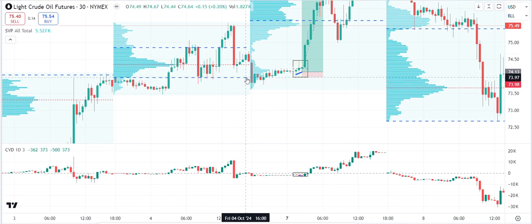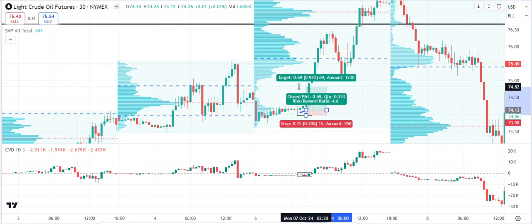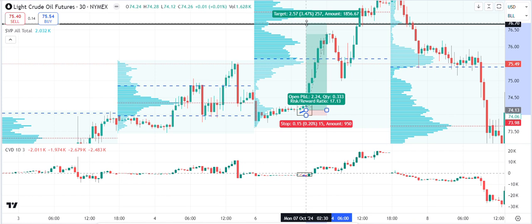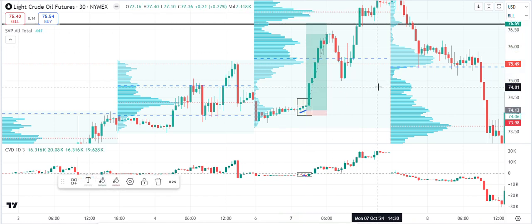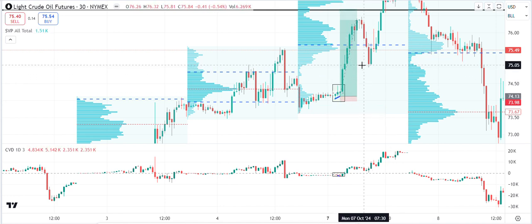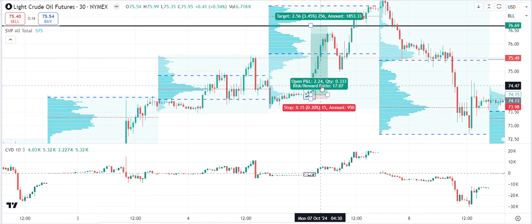Because I'd be entering off value area low previous day, targeting value area high, 1 to 5 risk reward. If it breaks that, we look for continuing to the value area high, 1 to 17. But up here it'd be something like 1 to 9, 1 to 10. Which is still insane. You could get 15 odd on this day.